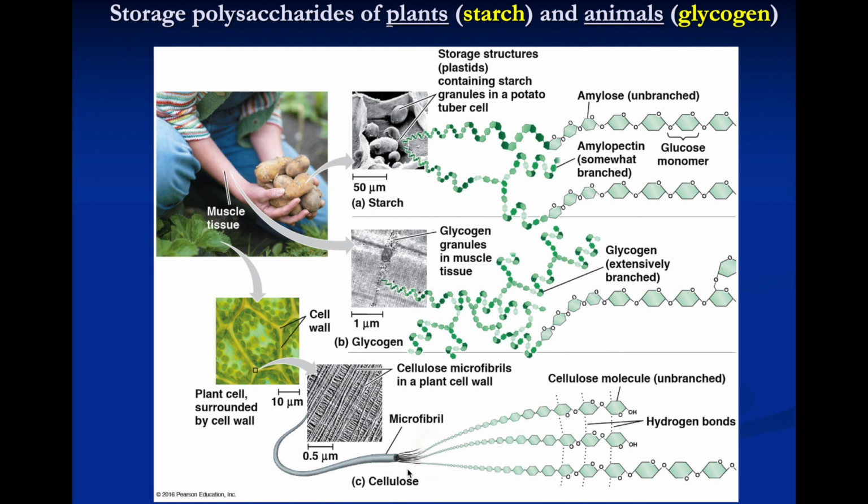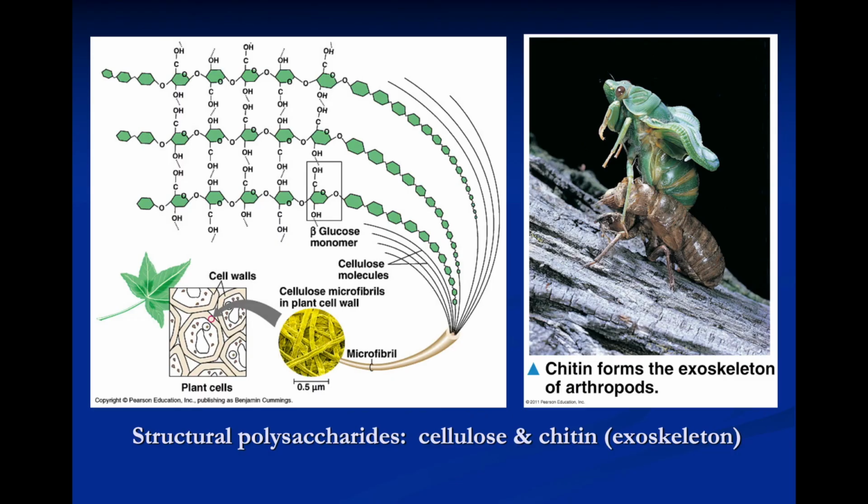However, plant cells, which are surrounded by that cell wall, are made of fibers called cellulose, and the cellulose is made up of those beta glucose monomers, and we can't break it down in our digestive systems because we don't contain the enzymes.